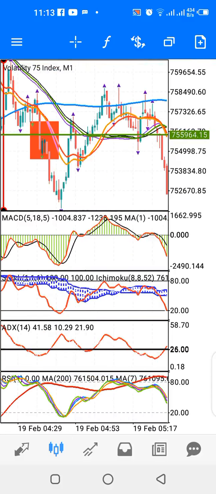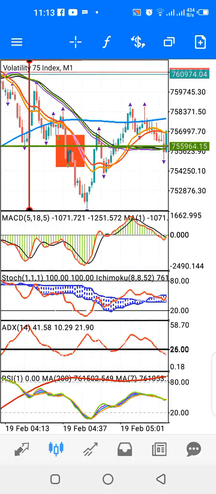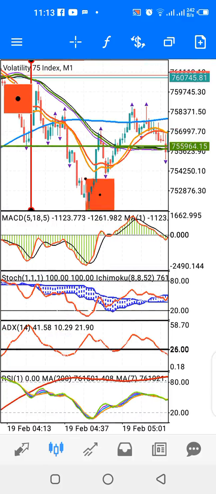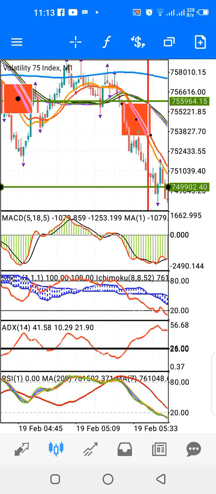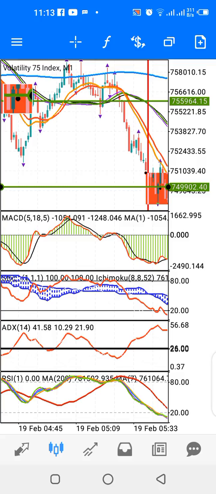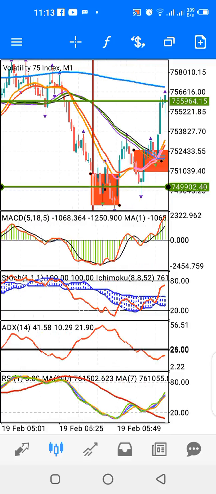Now price went down and came up, and continued downward. All right, so you can always use a trailing stop to protect and lock your trade.